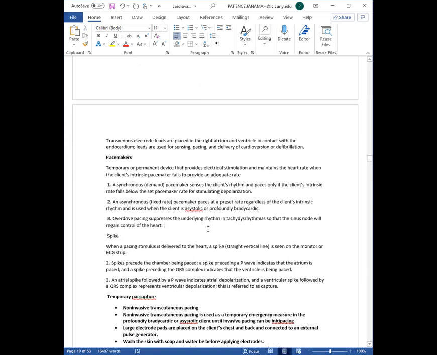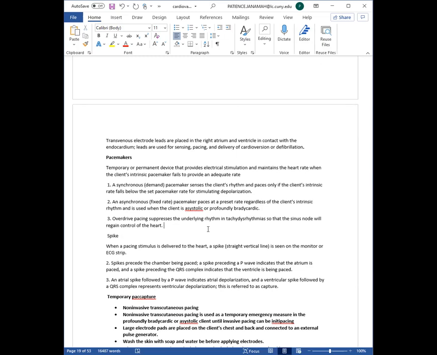Then we have overdrive pacing, which suppresses the underlying rhythm in tachydysrhythmia so that the sinus node will regain control of the heart. This is the one they put in to help when there's tachycardia. The first two talk about the bradycardic state, when a person is brady and needs a pacemaker.